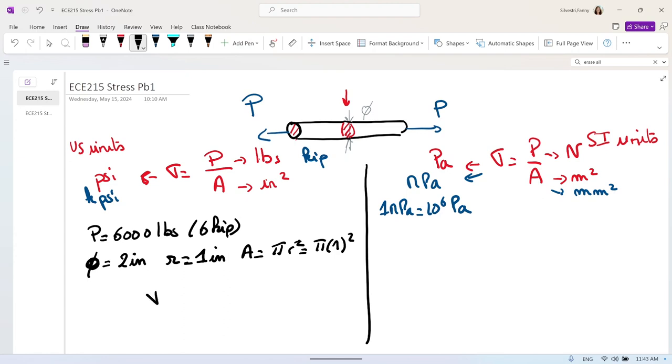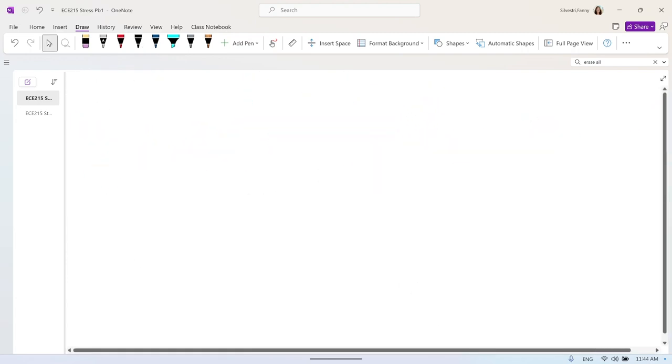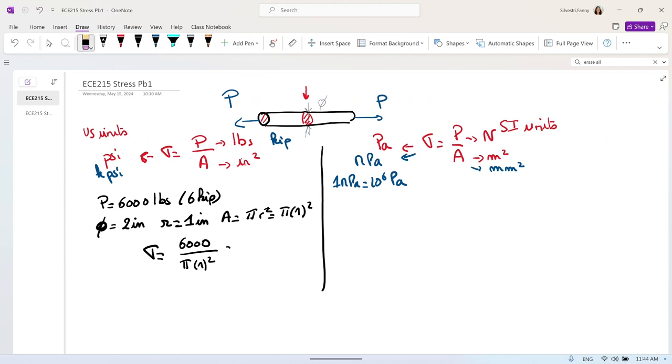So the stress will be the pounds, 6,000, divided by the area, pi times 1 squared. Please try to have one equal sign per line.